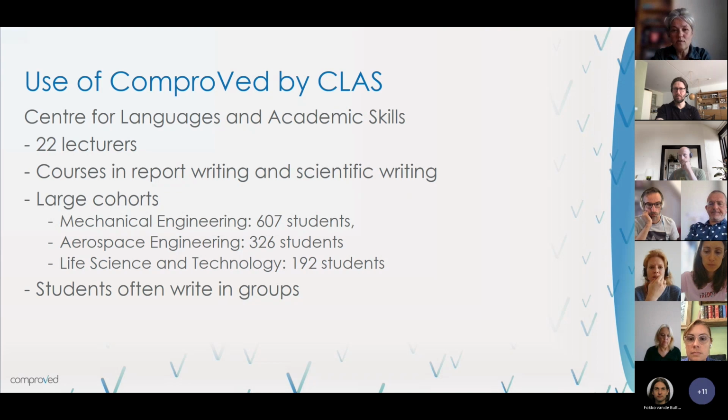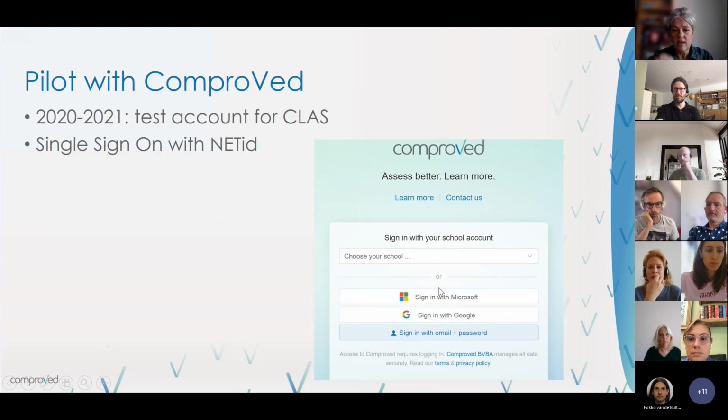So quite a lot of work to grade, and we were just curious to see what we could do with Comproved. So we did a pilot, well, not really a test account, but they had a very nice opportunity: we could have the account for a little less money because it was COVID time. So that was nice. I could pay it out of my education fellow money.